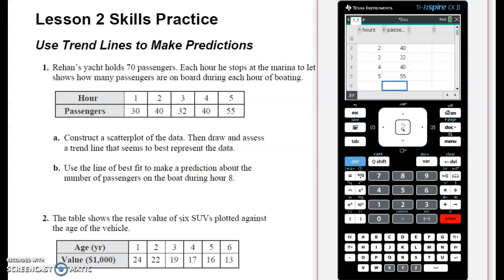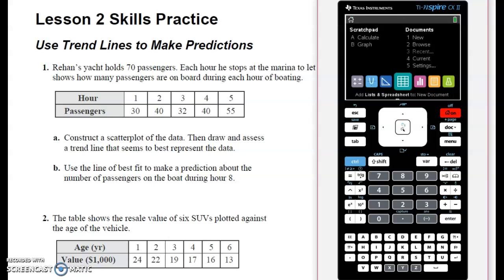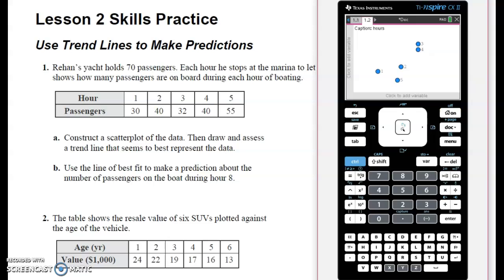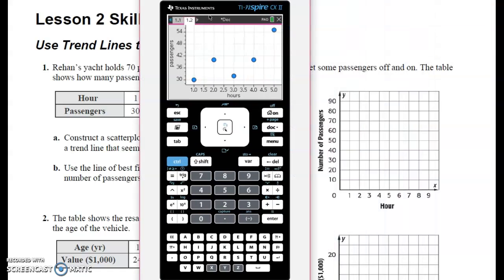Once I filled in my table, I'm going to go back to the home screen. Now I'm going to click on the statistics. I need to label my x and y axis. So the x-axis is the hours. The y-axis is going to be passengers. So here's my scatter plot, which is pretty good, but it doesn't really match what I have here.